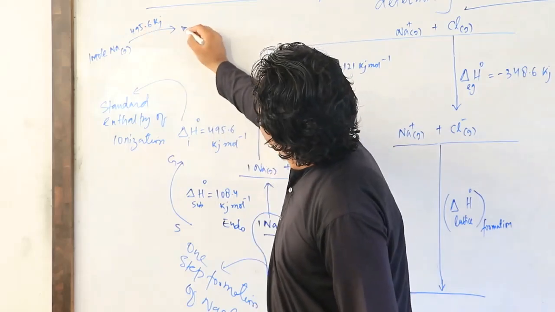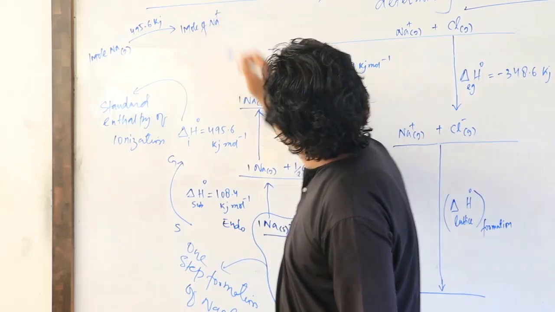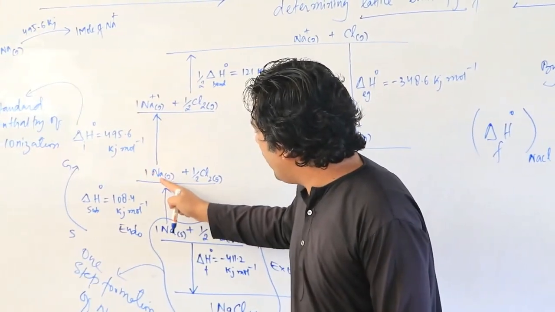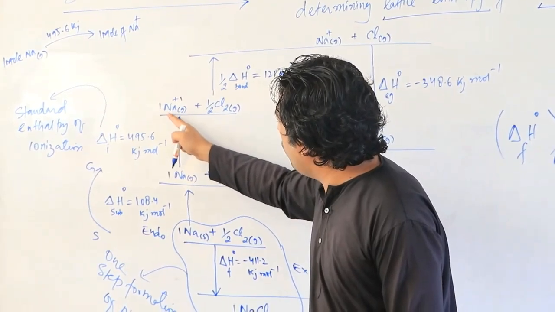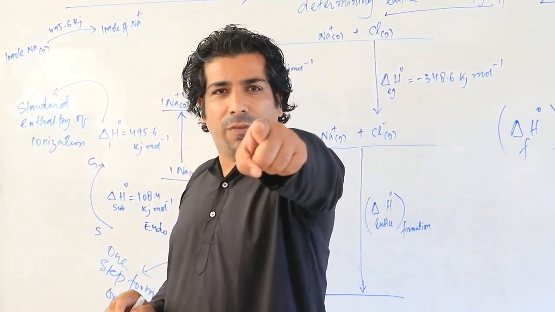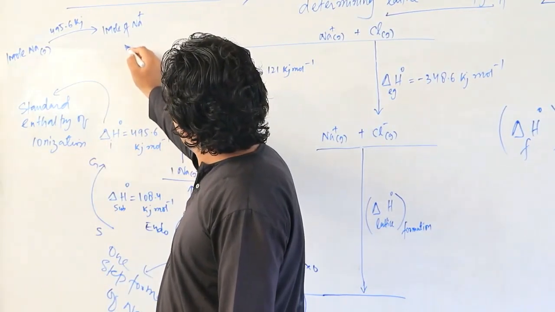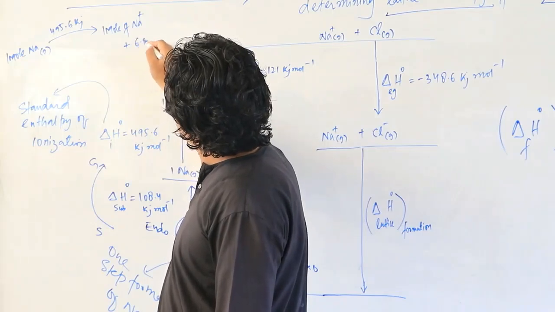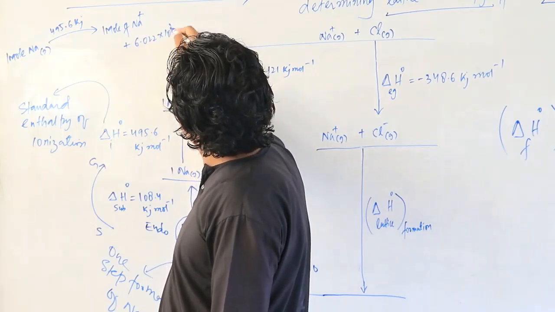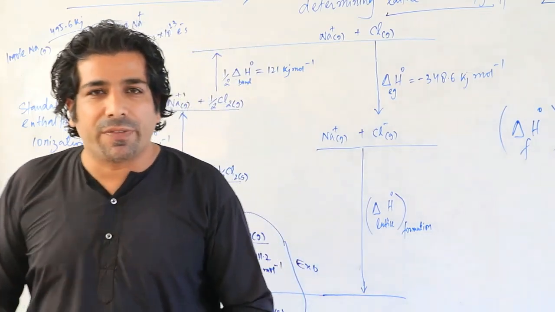So you will be getting 1 mole of Na plus. So from 1 mole of Na gas, you are getting 1 mole of Na plus. Yes? And how many electrons you have removed? You have removed, my dear friends, I can also write down plus 6.022 into 10 raised power 23 electrons. So these many electrons you have removed, my dear friends.